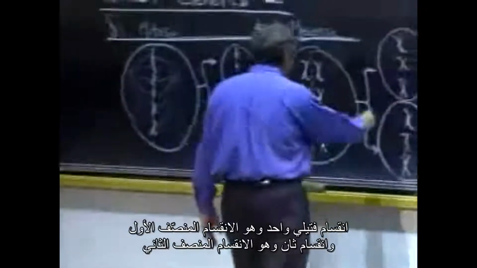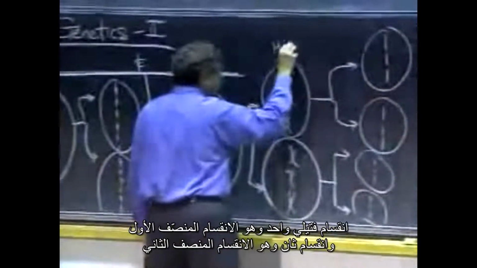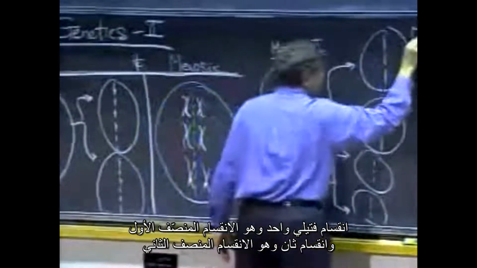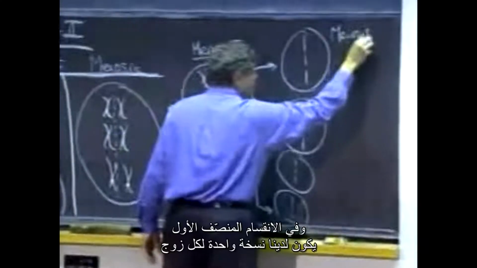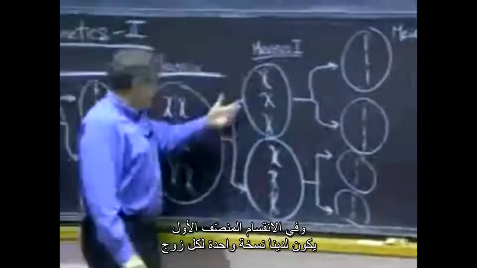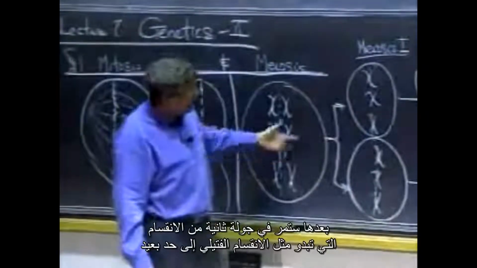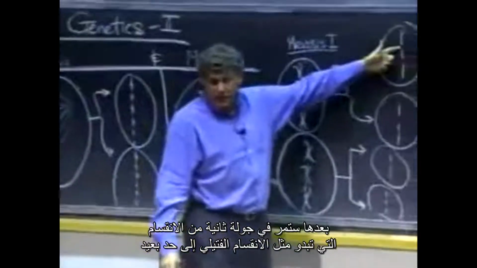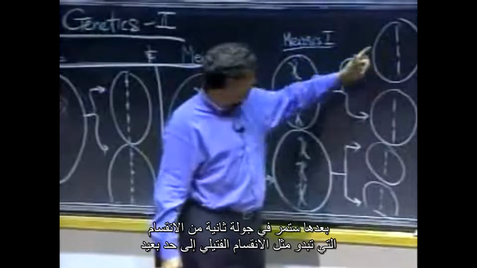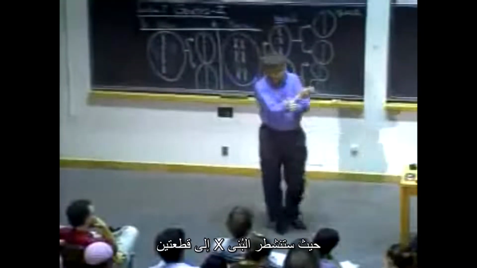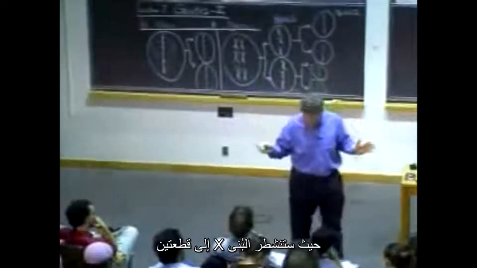Then they would undergo a series of 2 divisions, meiosis 1 and a second division, meiosis 2. In meiosis 1, you would get 1 copy of each pair. Then it would undergo a second round of division that looked very much like mitosis, where these X structures would be split into 2 pieces.